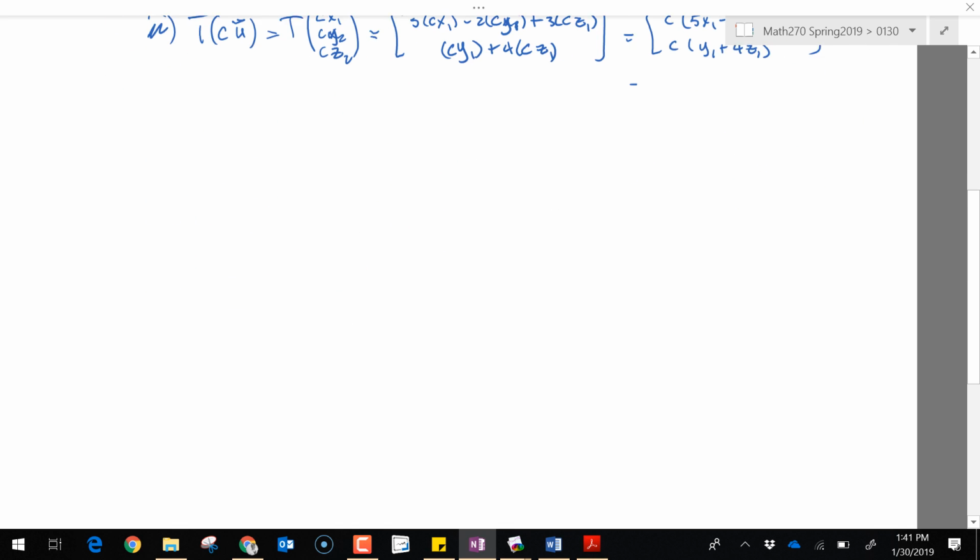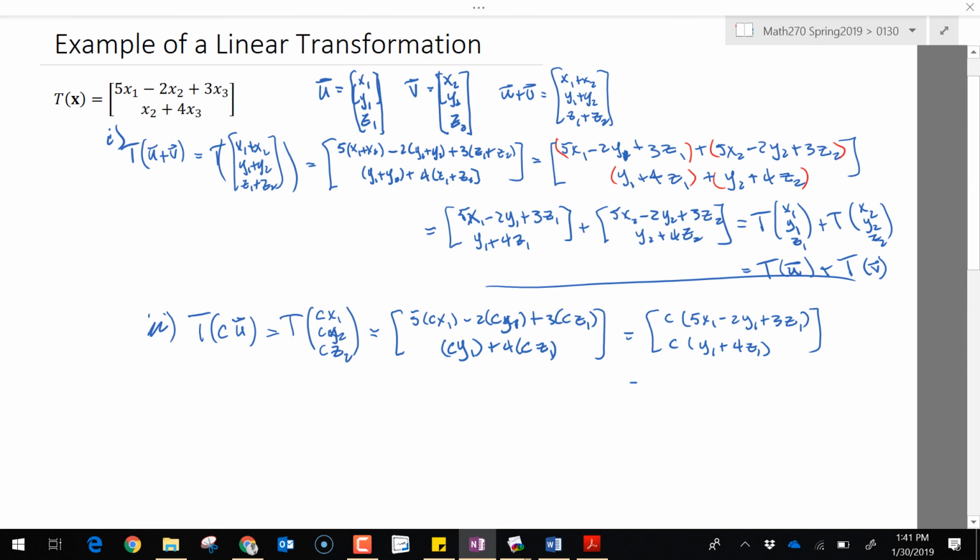So if you take the c out, we see that this is exactly c times T of the vector.